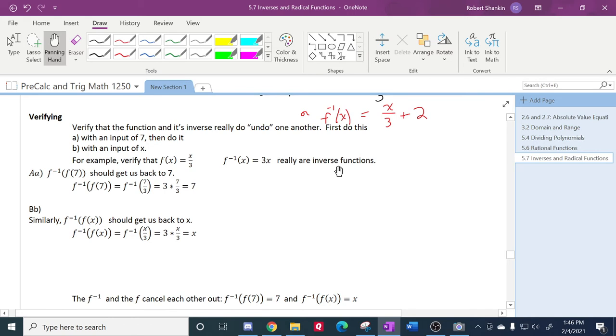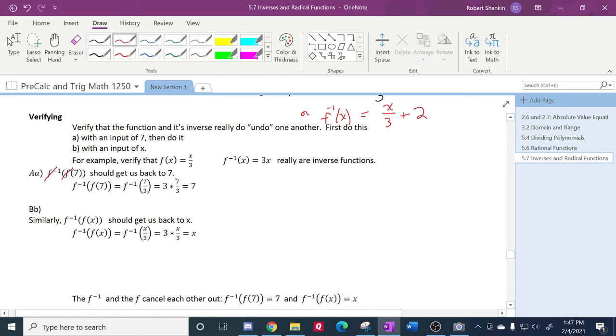The way we do it is the f happens first, the innermost parenthesis happens first, f of 7, and then the f inverse of that. And what's going to wind up happening when you put an inverse and an f right next to each other and you nest them parentheses wise, they should wind up killing each other off.